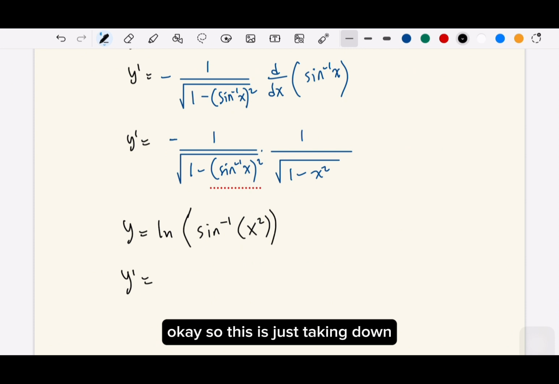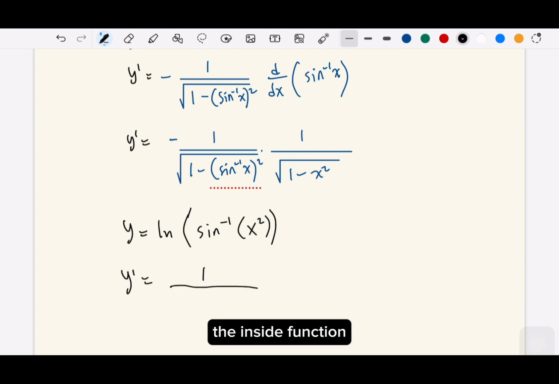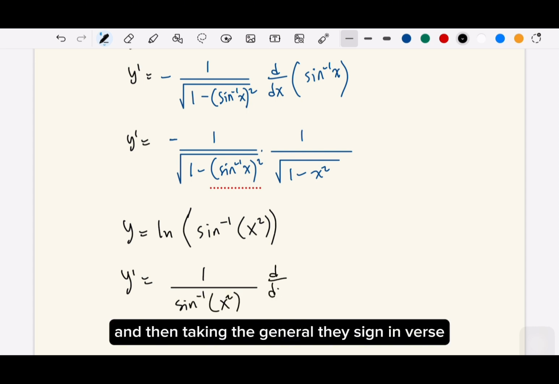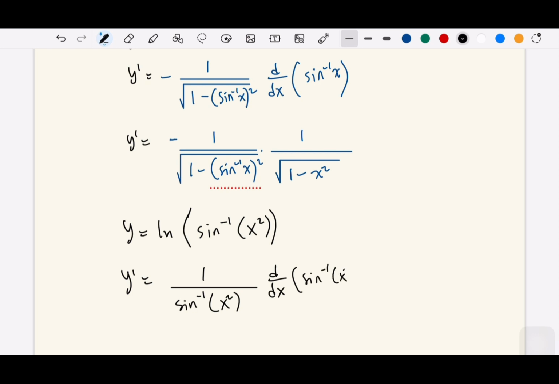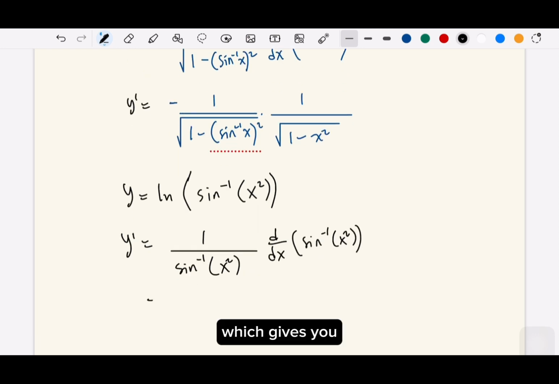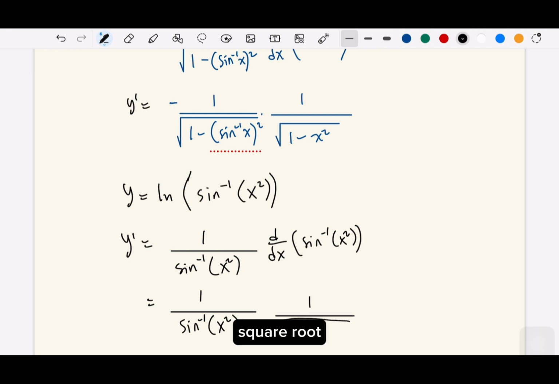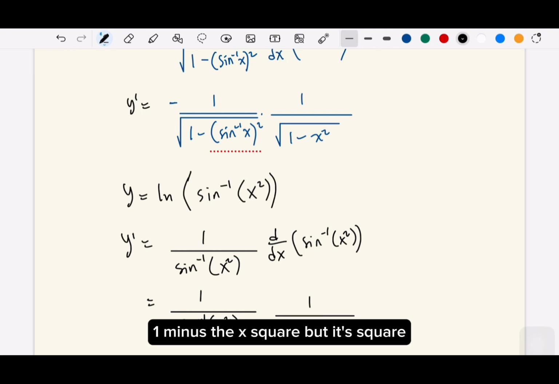Okay, so this is just taking the derivative of the outside function, and then taking the chain rule of the sine inverse, which gives you 1 over the square root of 1 minus x squared, but it's squared, and then we multiply the chain rule with 2x.